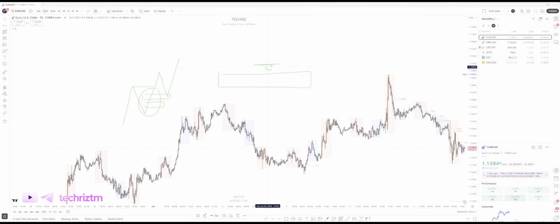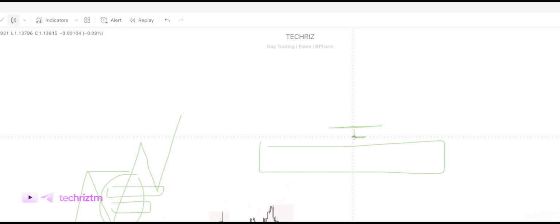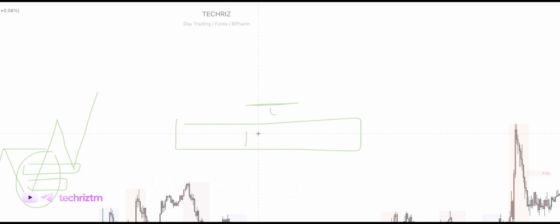So let's say this is London. I'm trying to draw an L to signify London, but it's not working, so I'm just going to forget that. We need to see price do something like this, where we have here as K, which is a key level. We need to see price sweep below a session low, tag into the key level, and form any of our confirmations. That's it.